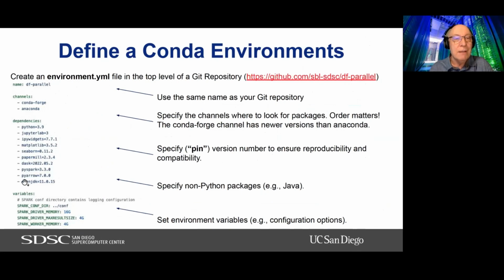PySpark needs Java, so we also install OpenJDK here. So here we install Java 11. Now this is independent of the Java that you already installed on your machine. So you could have a different version of Java, and this one here is a completely independent environment. You can also specify environment variables in this file. So for example, PySpark needs a few configuration parameters, which I've already set up here.